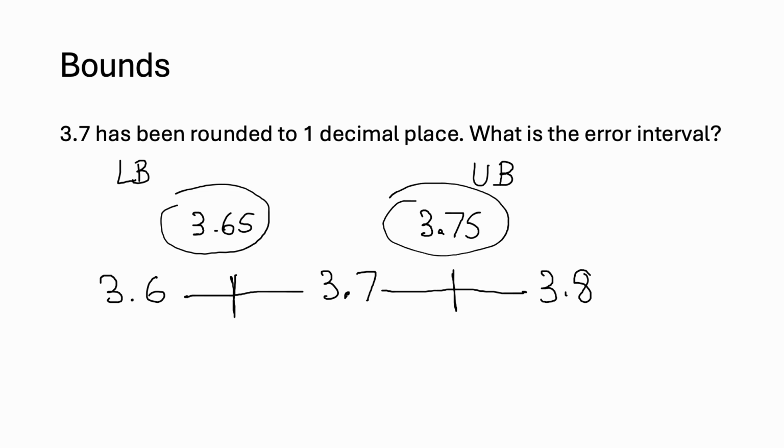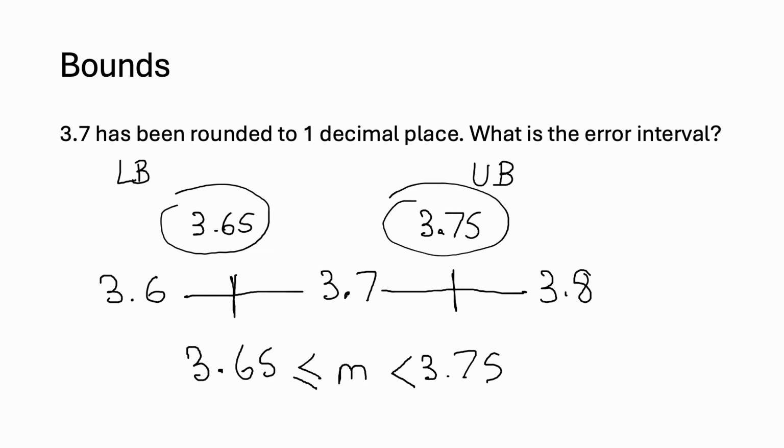So that means that our number has to be bigger than or equal to 3.65. But it has to be less than 3.75.